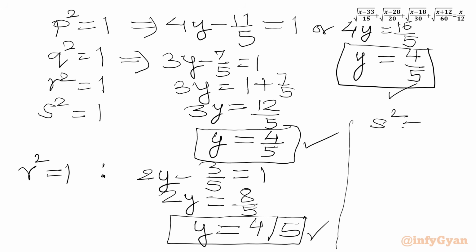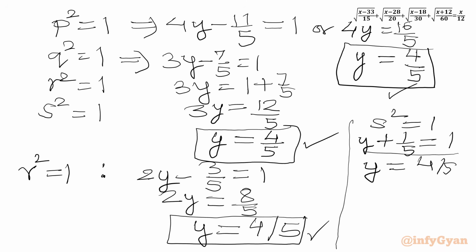S square equal to 1. S square is y plus 1 over 5 equal to 1. Now we'll subtract 1 over 5 from both sides, and we'll get 1 minus 1 over 5, which is 4 over 5. So y is 4 over 5. Y was our substitution. It was x equal to 60y.